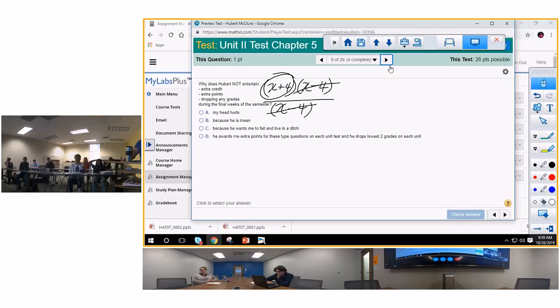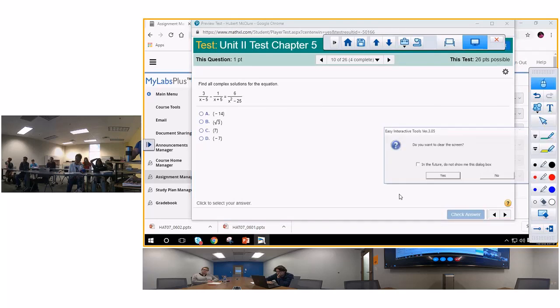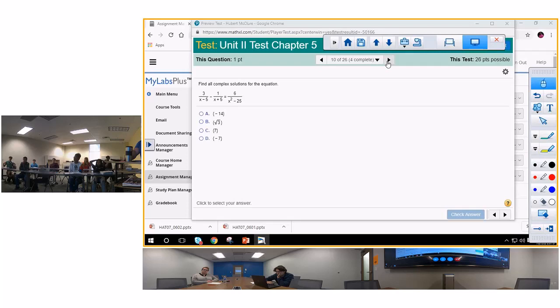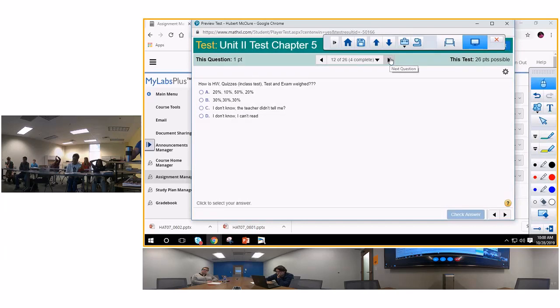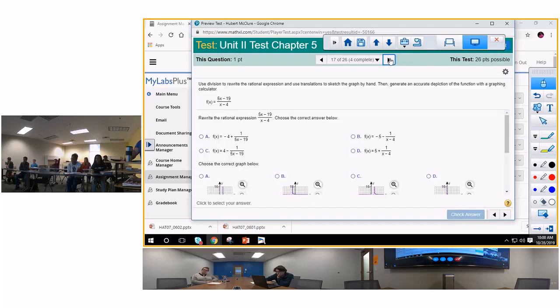All right, what do we do here? Multiply by what? Multiply by x squared minus 25. Multiply by what? X squared. I'm trying to show y'all what's on the test before y'all take it.